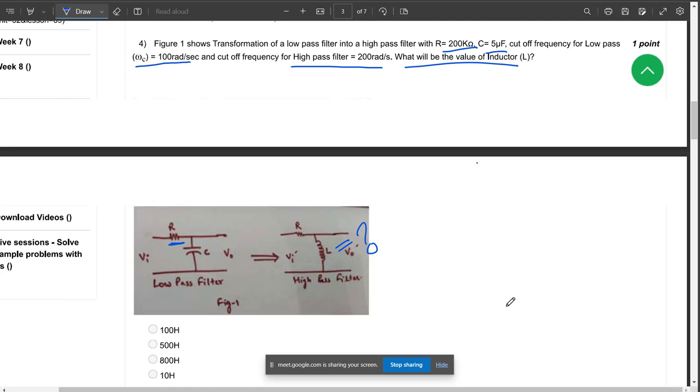It is 10 Henry. Okay. What about others? No one else is solving or what? Okay, how did you solve?